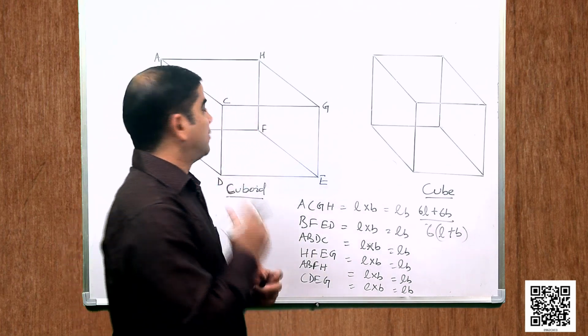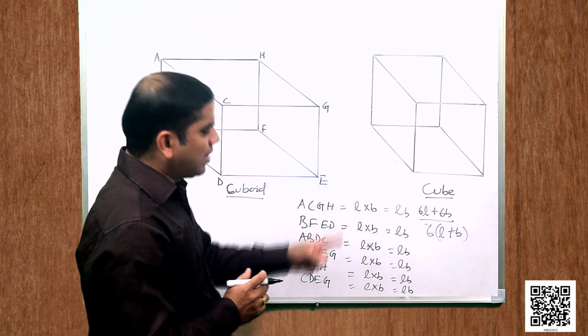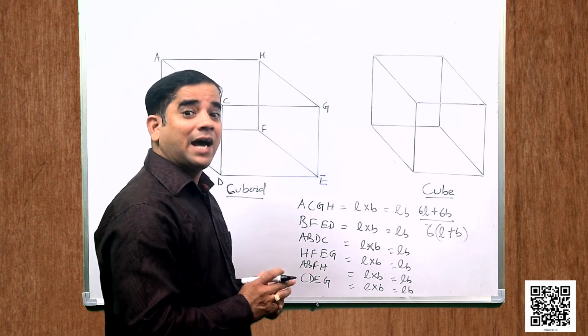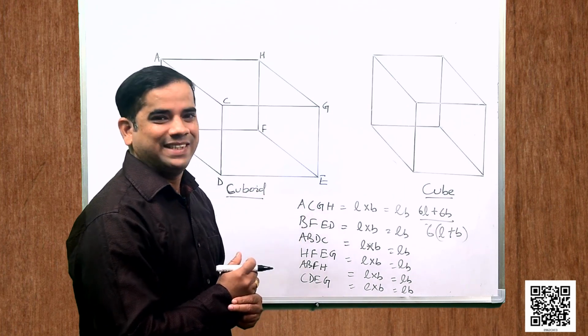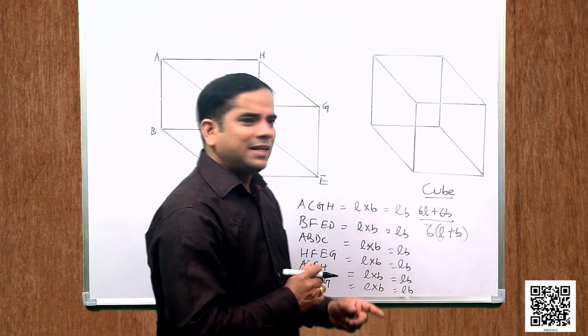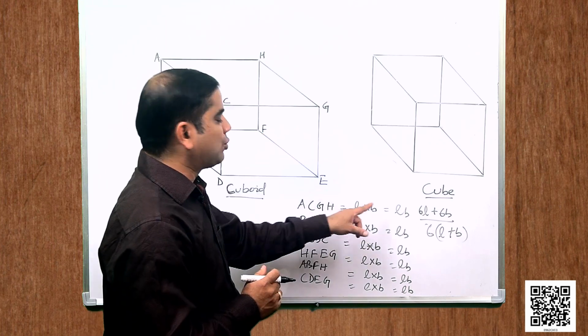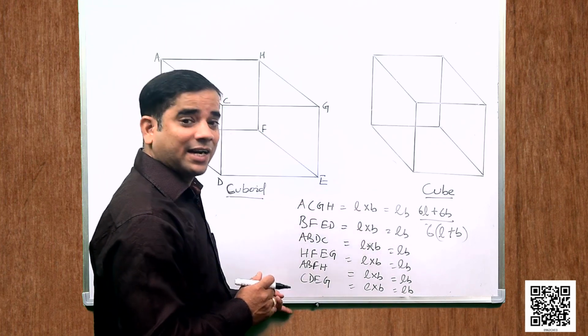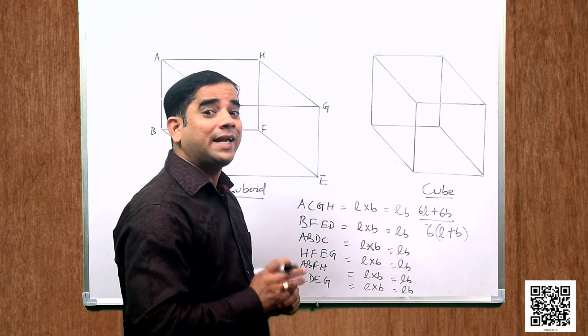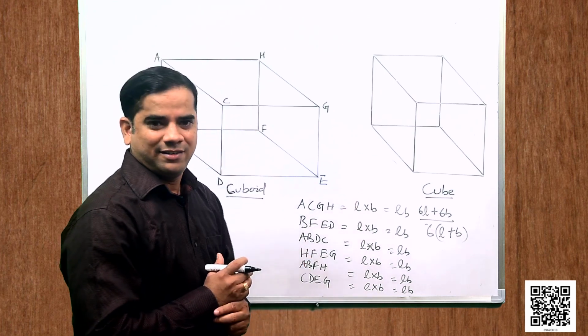But remember one thing, it can only happen when all the lengths and breadths are equal. We have length into breadth as the area for each rectangle, but these lengths and breadths are not equal for each rectangle.